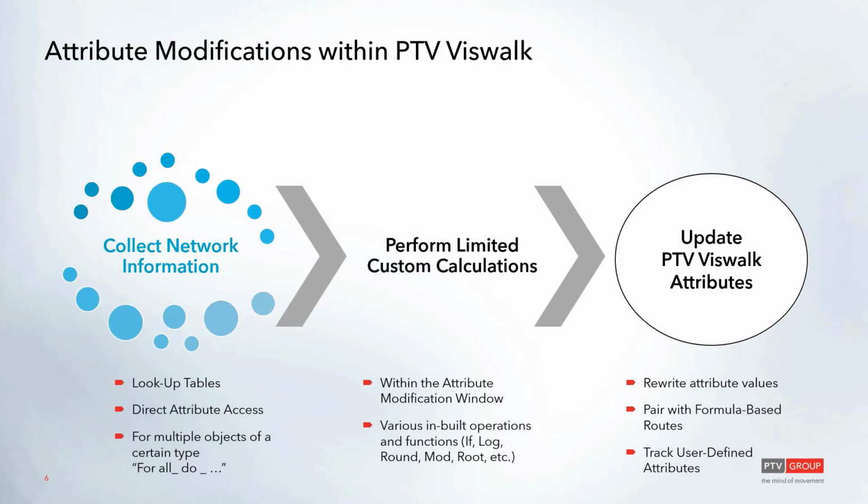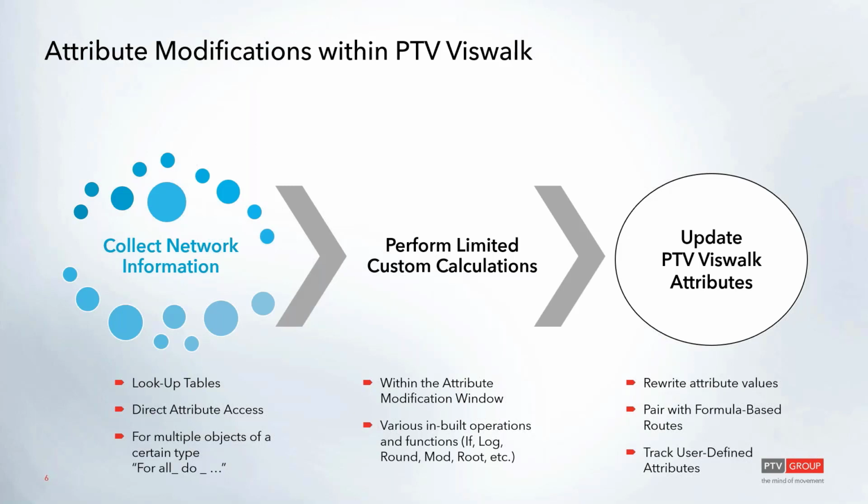They don't have full access like COM does, but you can do some things. For example, you can use lookup tables, you can access some of the attributes directly, and then you can use all of the typical formulas or functions that you would see in a formula-based route or a formula-based user-defined attribute.